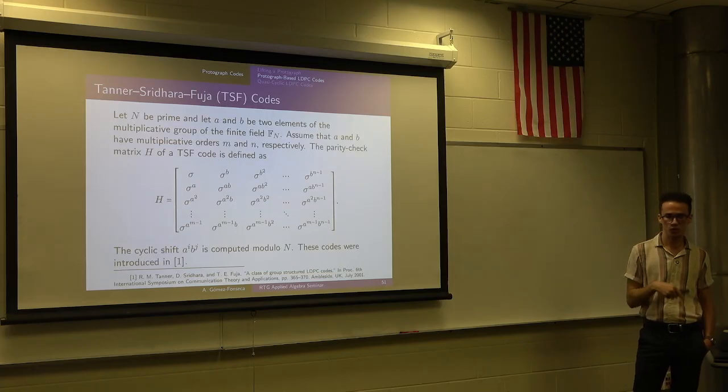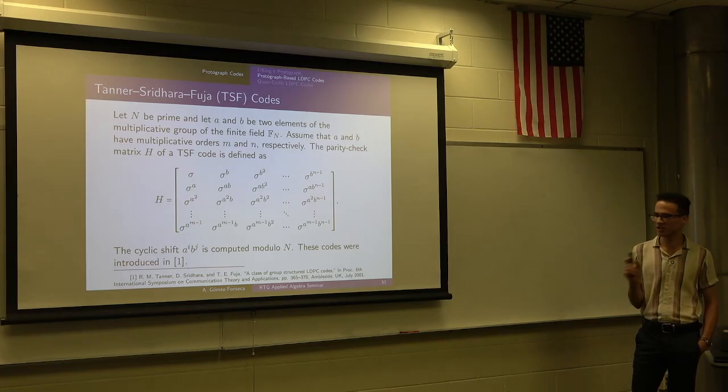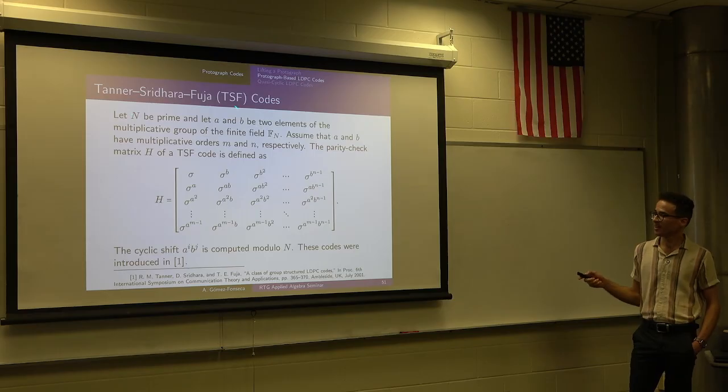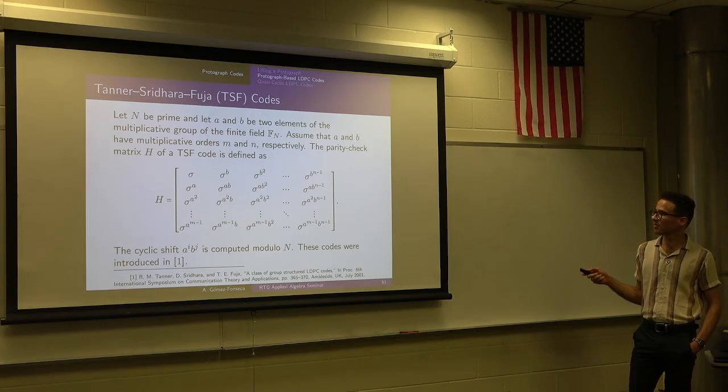Another way to choose the permutation matrices in this graph cover is by imposing slightly different conditions. I'm going to set n to be a prime number, and a and b are going to be 2 elements that are non-zero in Fn, which is a finite field. I'm going to assume that the multiplicative orders of a and b are m and n, and I'm going to construct a parity check matrix of a code in the following way.